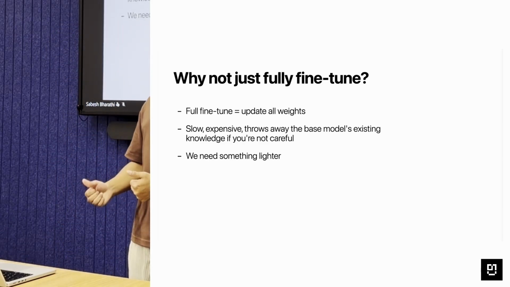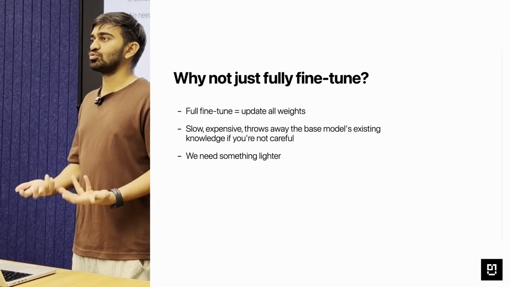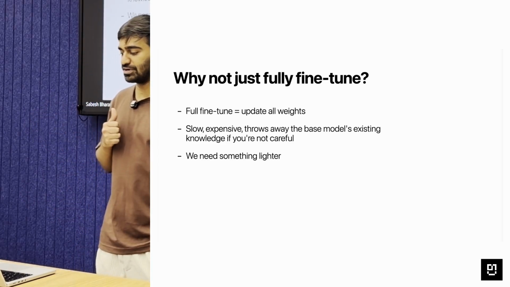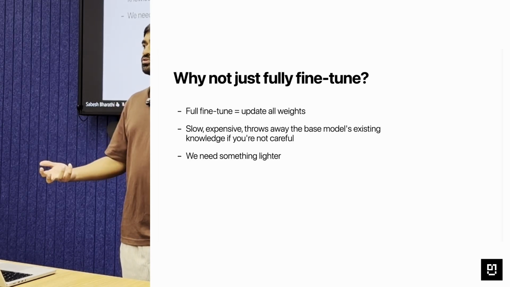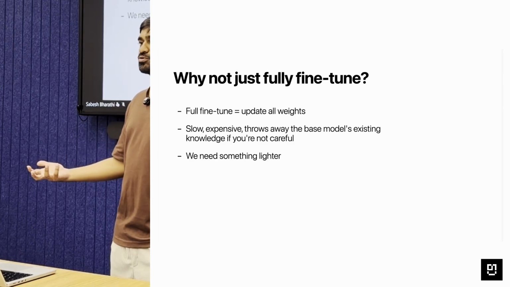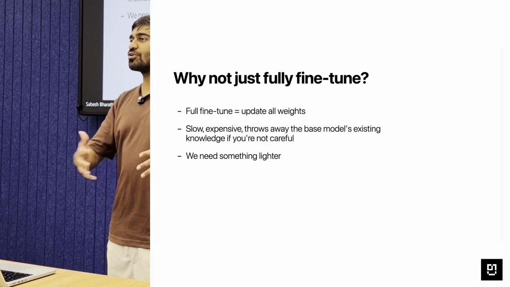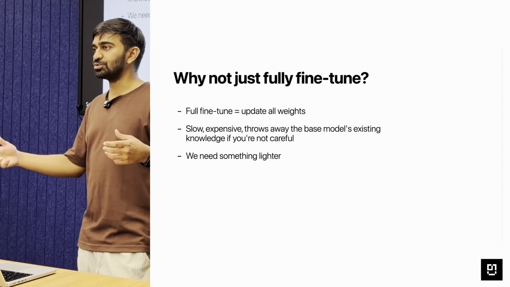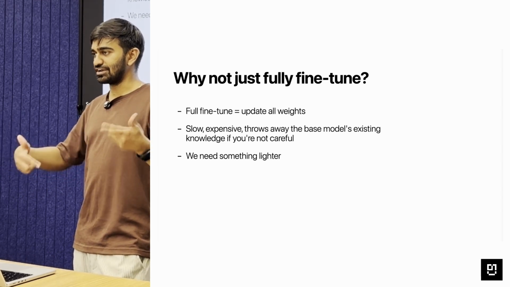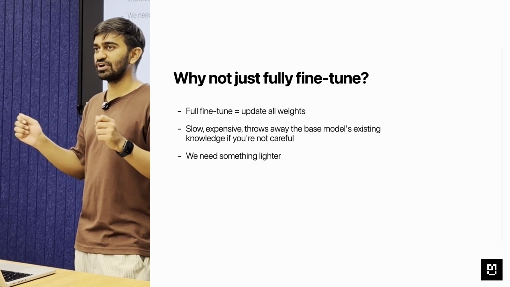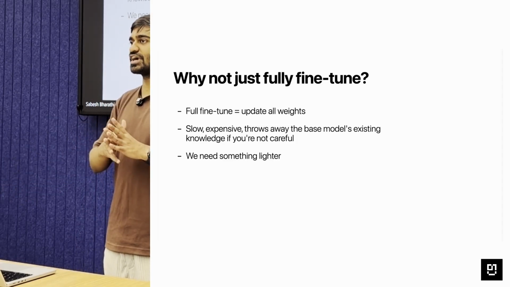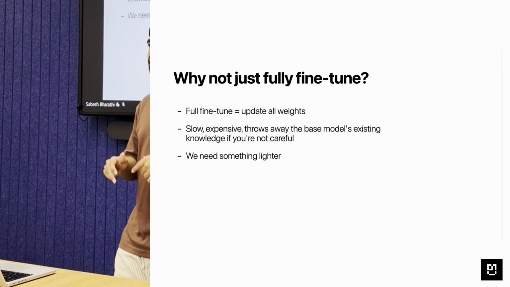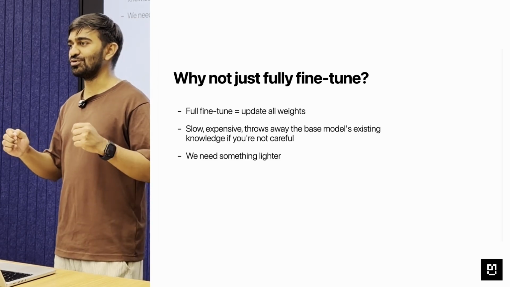So for this, we'll be using something called LoRA, which is what I implemented. Why not fully fine tune? Just brushing up on some basics of how neural networks work, you have a lot of layers in a neural network, and when you want to fine tune a model, you have to train it again, and you have to dial all the knobs a little bit, and this entire process is compute heavy and expensive, and if you're not very careful, you can do it the wrong way and it will go really bad.